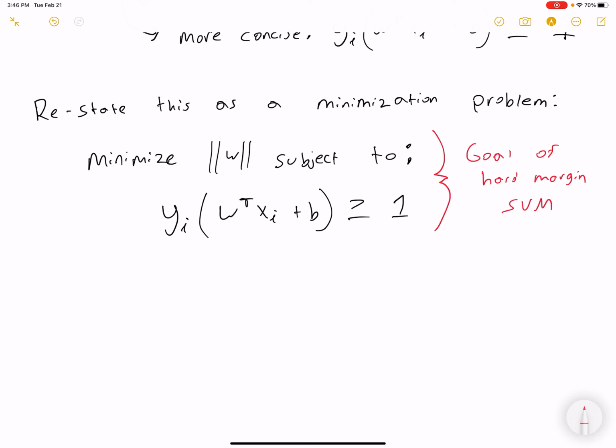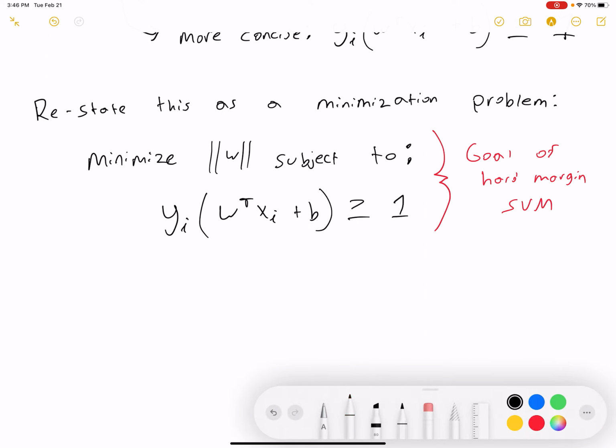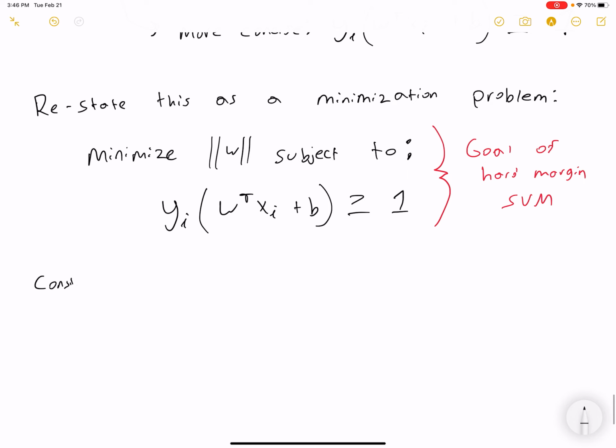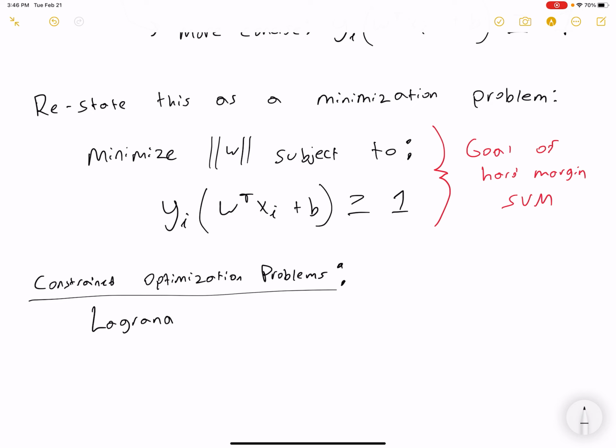We can't exactly use gradient descent out of the box because we have constraints in here. I think the math is really cool for how to solve constrained optimization problems. It might be a little bit much, so let me just point you to it. If you want to learn about how to solve constrained optimization problems like this, or maybe you already know about this, then check out Lagrange multipliers. Who already knows about Lagrange multipliers?